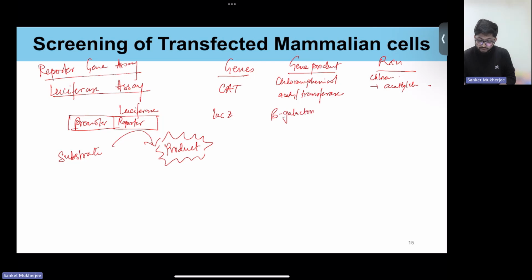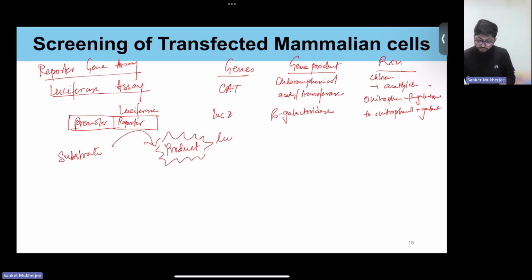We already know this. The reaction is O-nitrophenyl beta galactoside to O-nitrophenol and galactose, right?